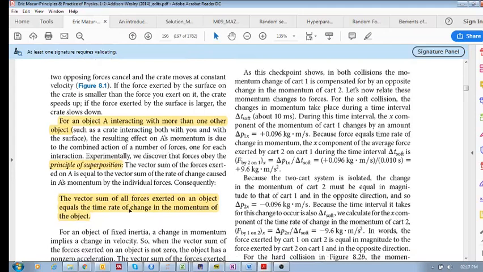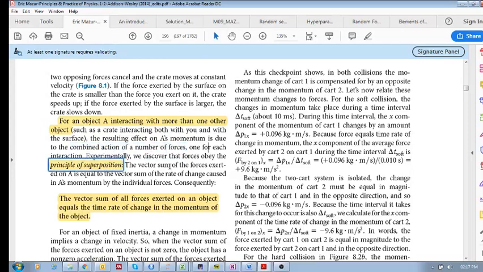Okay, so, let's consider this here. Before we just considered a single force acting on an object, and that is equal to the time rate of change of the momentum of that object. But now, what happens if that object is interacting with more than one other object? Then the resulting effect on A's momentum is due to the combined action of those forces.